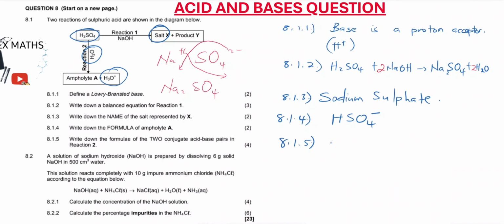The first conjugate acid-base pair is H2SO4 and HSO4-. Then for the other one, water accepts 1 proton from sulfuric acid to become H3O+, which we can call a hydronium ion. So water and hydronium ion form a conjugate acid-base pair. So that's H2O and H3O+.